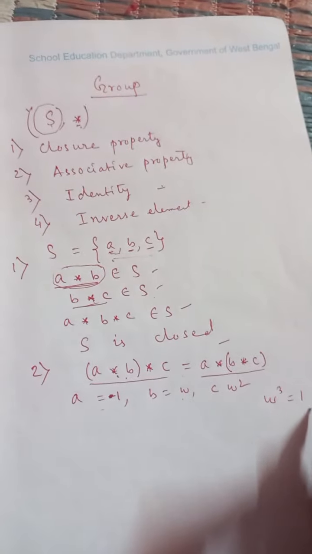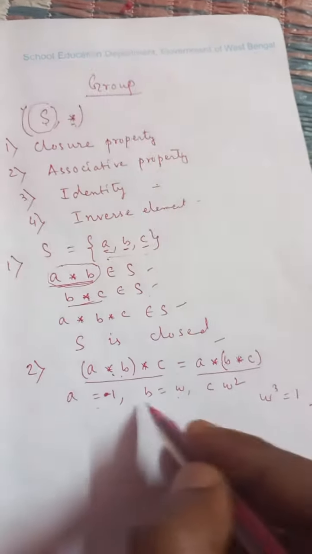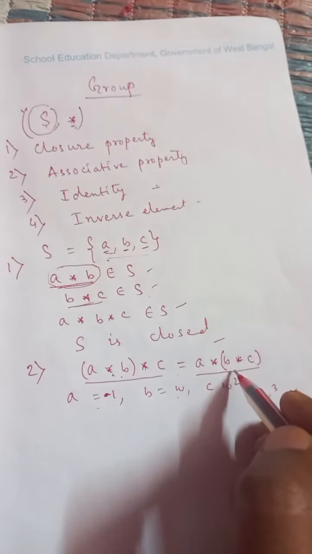So omega cube is equal to 1, and the left hand side and right hand side are satisfied.